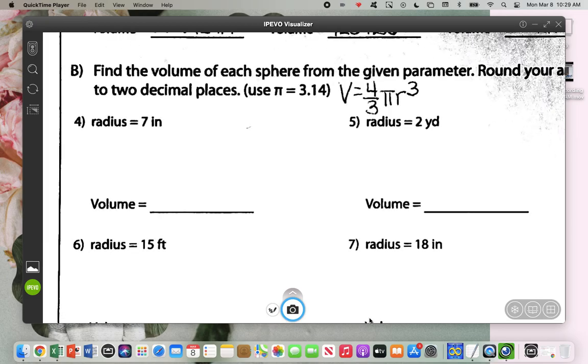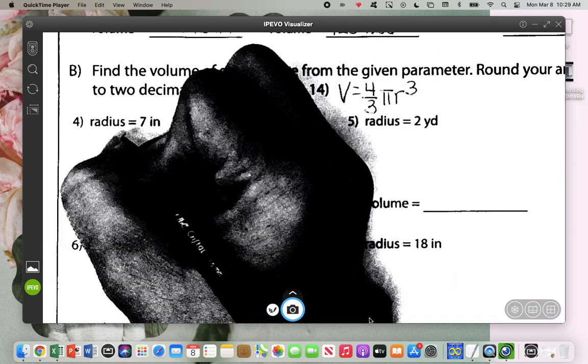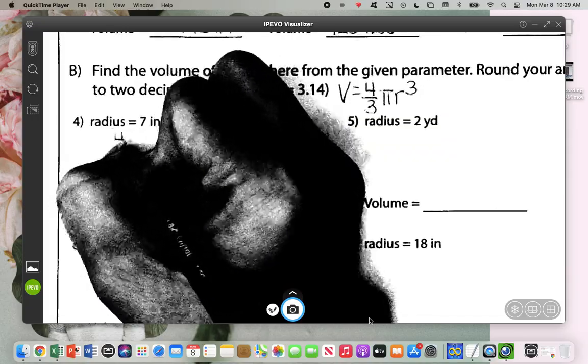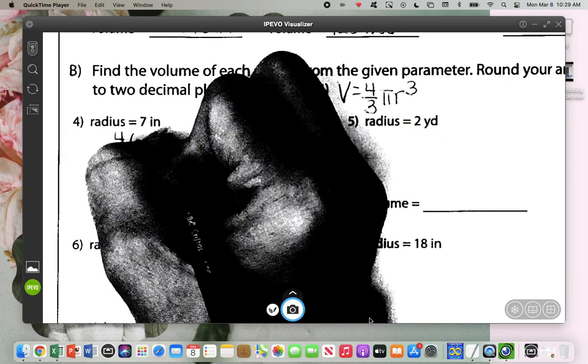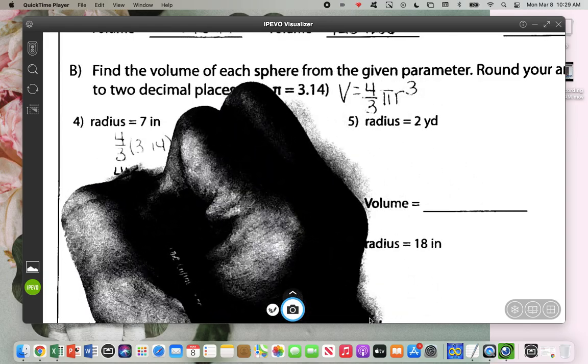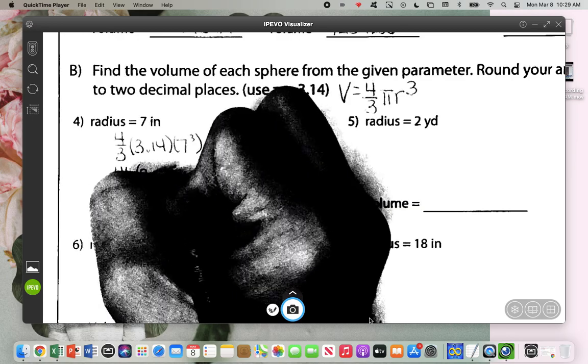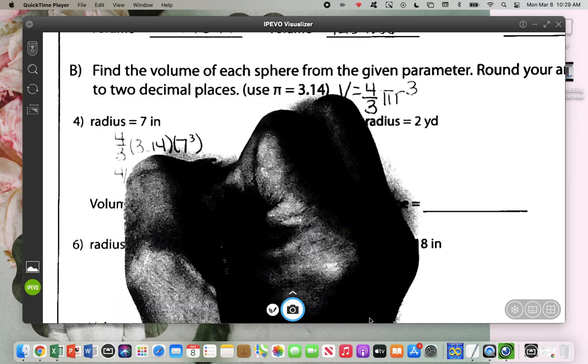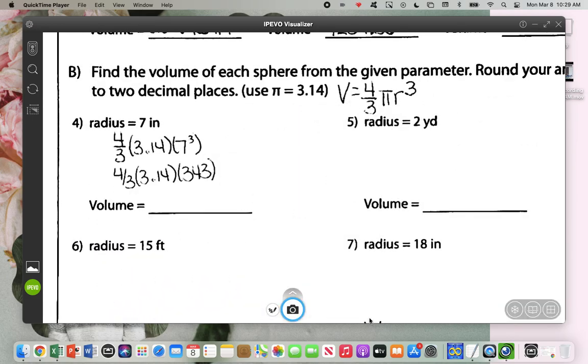All right, I'm going to go ahead and put the answer up for number 4, and I want you to give me a thumbs up or a thumbs down. Layton, are you awake? All right, give me a thumbs up or a thumbs down right now if you like my work or don't like my work at this point.